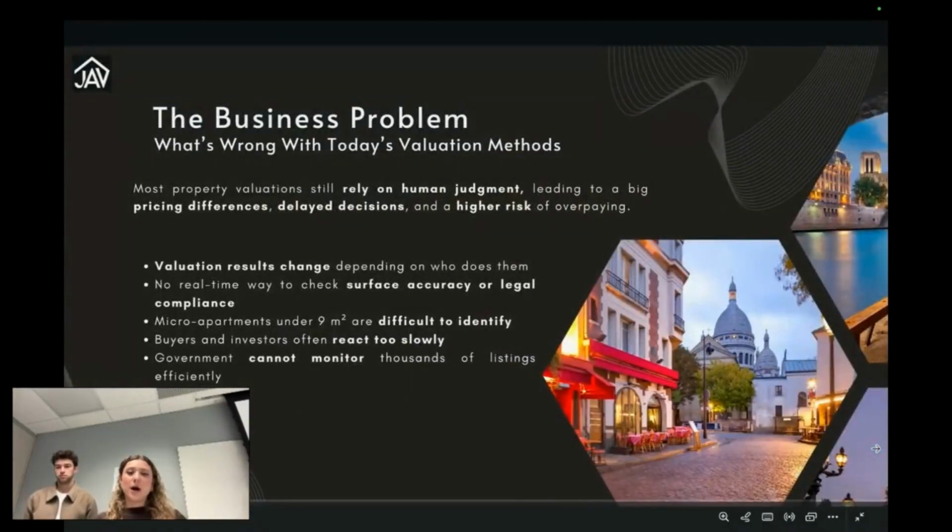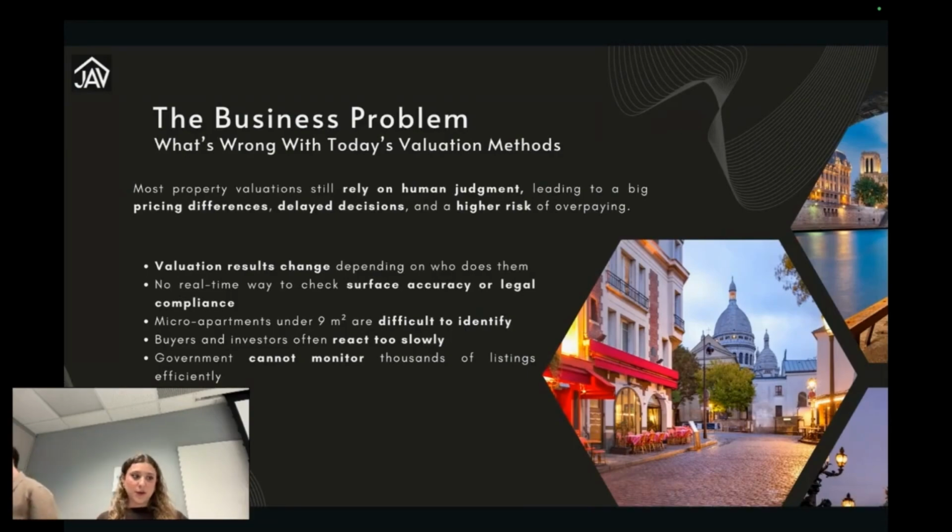If we're talking about what's wrong with today's valuation methods in Paris, most property valuations still rely on human judgment. You as a human being will say if this is okay, or not okay, maybe the price is really high or really low, but you won't be able to have a concrete say in anything.